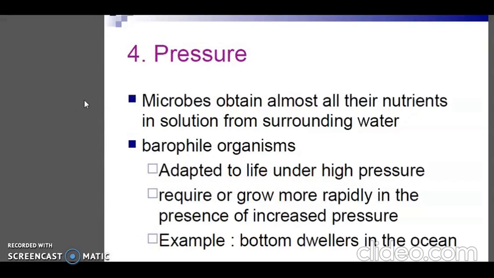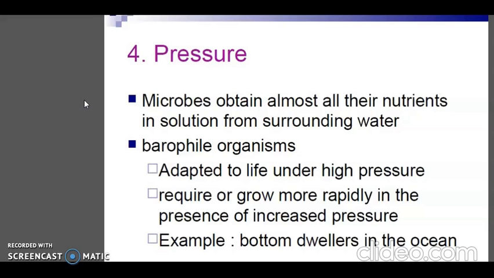The next factor affecting the microbial growth is pressure. Microbes obtain almost all their nutrients in solution from surrounding water. Most microorganisms living on land or on the water surface are subjected to only the normal atmospheric pressure of 1 atmosphere. Hence, they are never significantly affected by changes in pressure.